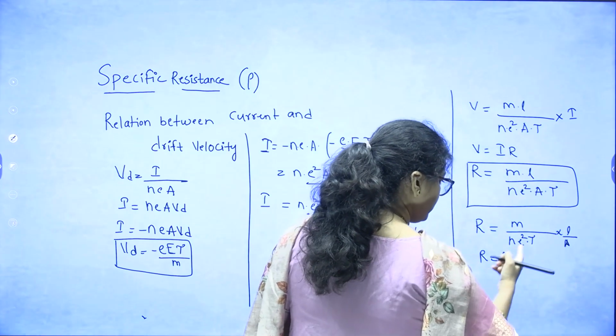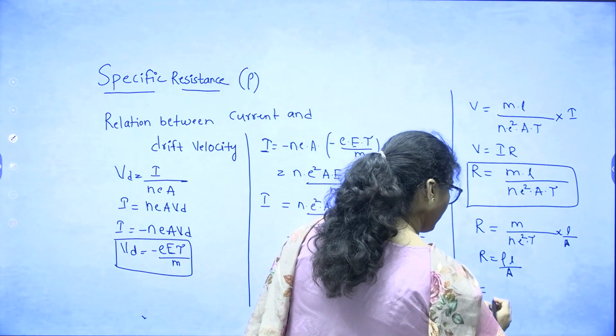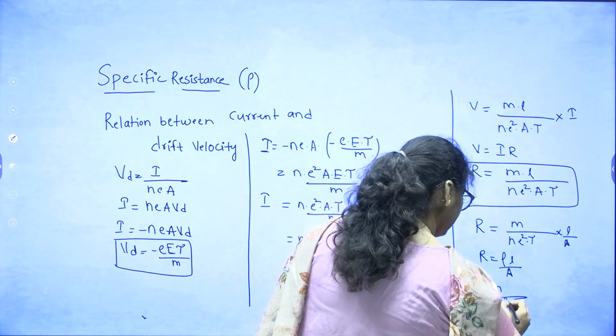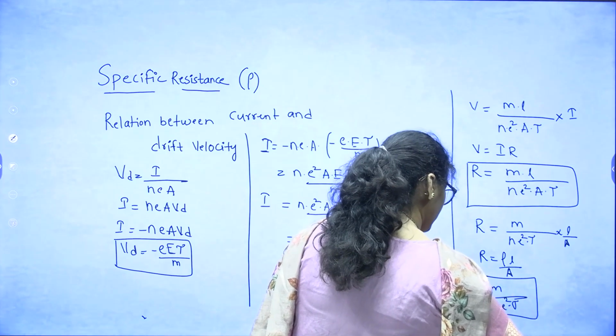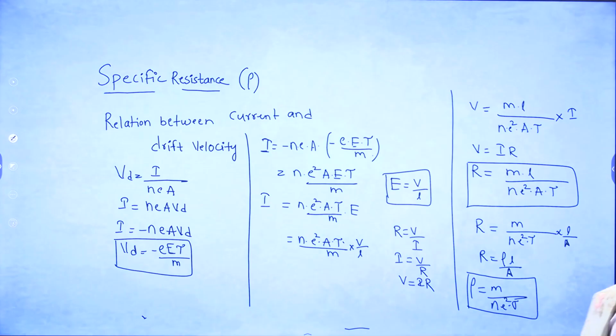So from this I can write the formula for rho: rho is equal to m by n e square tau. Clear? By taking the relation between the current and drift velocity, we have calculated the rho value from the drift velocity and the current.